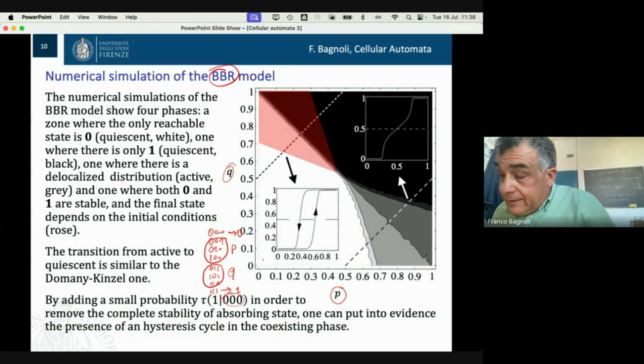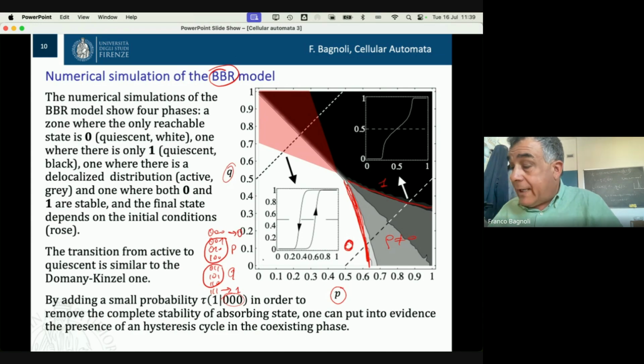But now, clearly, the phase diagram is different. And in the simulation, you see that now we have two different transitions. This transition here is from a quiescent state 0 to an active state, where the density is different from 0. And then another phase transition from the active phase to the state 1.